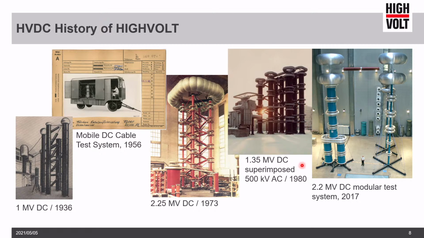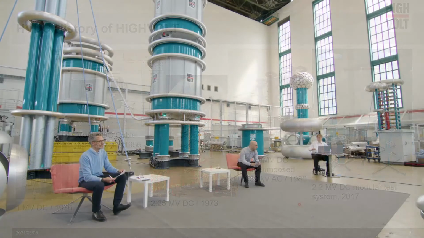And nowadays all these developments entered into the design of a modular DC test system, where every module has plus minus 400 kV DC and can be cascaded and even operated in parallel to deliver the required test voltage and test current corresponding to our customers' wishes, which Uwe introduced at the beginning.